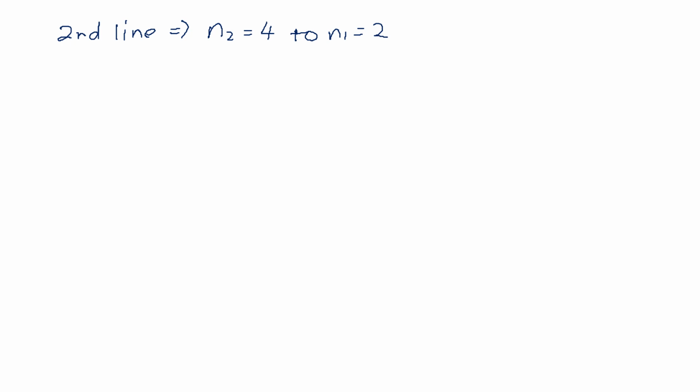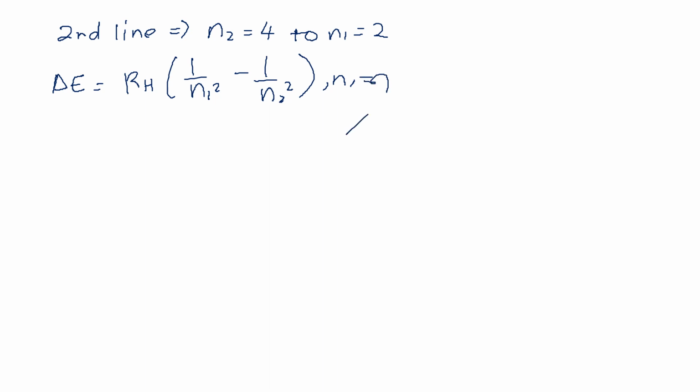Based on this, we can use the formula delta E equals RH times 1 over N1 square minus 1 over N2 square, where N1 should be less than N2.